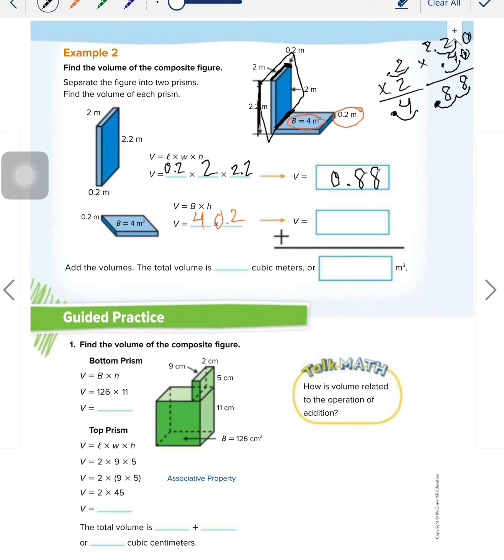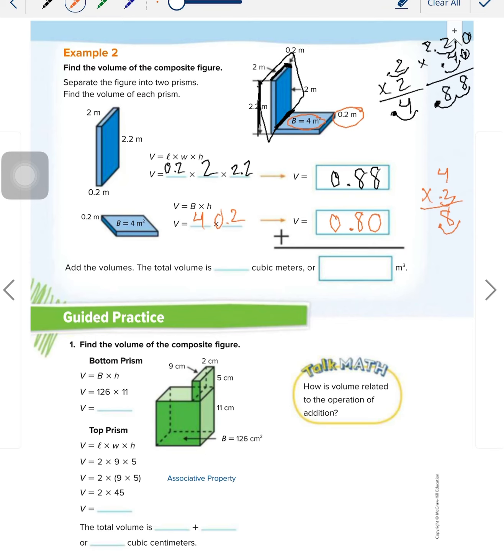Now we have to do 4 for this one. 4 times 0.2, which 4 times 2 is 8, but we have a decimal place 1, so we move it 1 place. So now we just have to add 0.8, because remember, we can't put it all the way to the right, because that would look silly and it would not end well, because really we can annex that 0 in the hundredths place to remind us that there's nothing there.